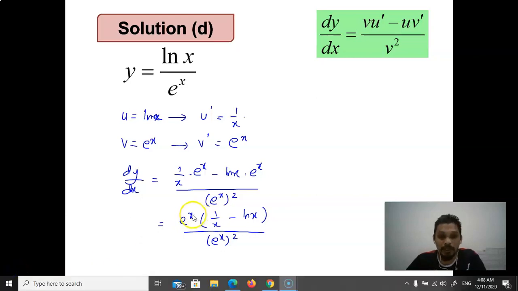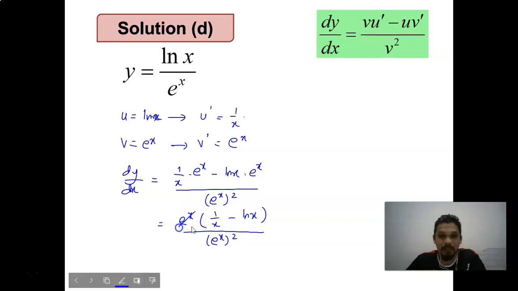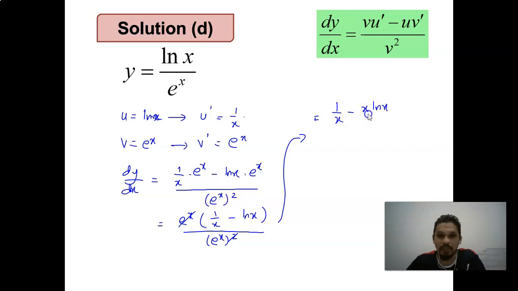Then we divide e to the power of x by e^x squared, so there's only 1 over e to the power of x left here. So we are going to simplify the numerator, 1 over x minus ln x divided by 1, which becomes 1 over x minus x natural log of x divided by x, and everything divided by e^x.